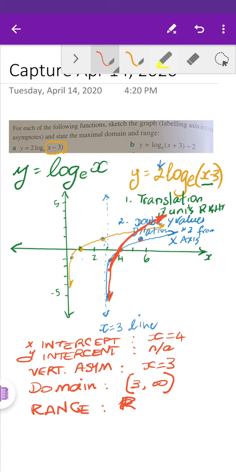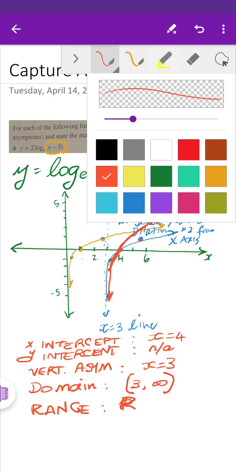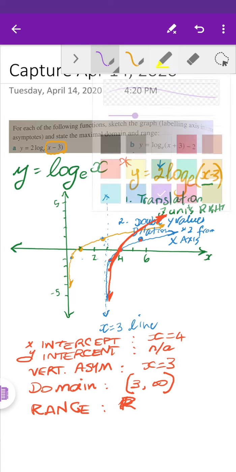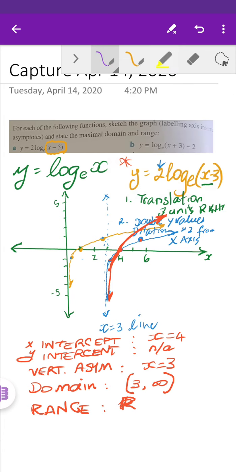What about algebraically? I want to just mention algebraically, say the y-axis. Since we can't have the log of negative 3, x can't be 0, but we can have y equals 0. So let us just put the algebraic solution for when y equals 0, you'll get the x-intercept.